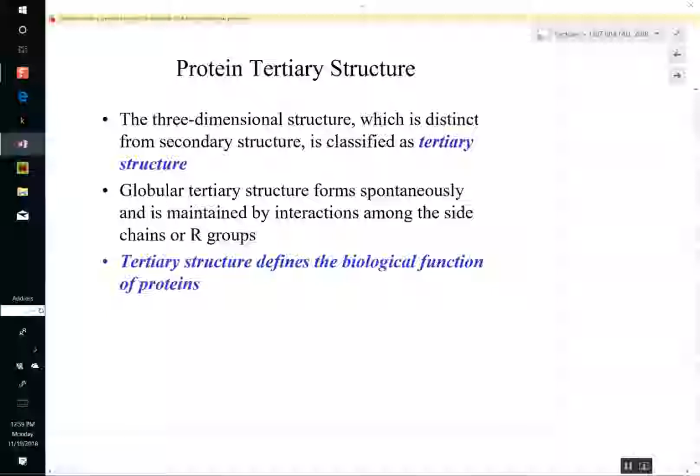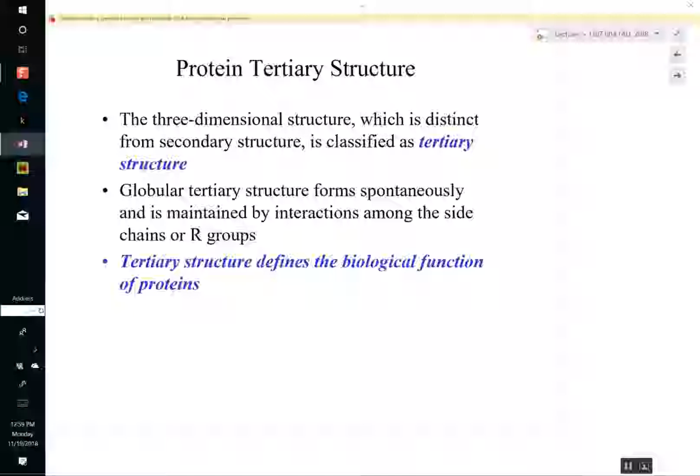Okay, tertiary structure. When we talk about tertiary structure, we're talking about R group interactions. And I'll have a slide that kind of goes through a bunch of them, but let me list at least 4 right here, and I'm going to list them from the weakest to the strongest kind of R group interactions.